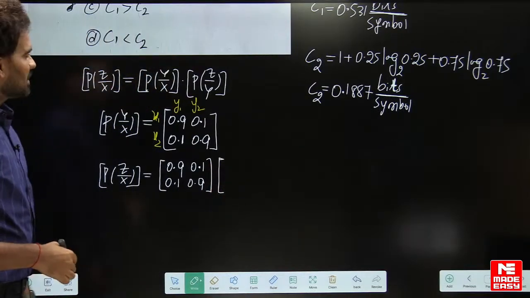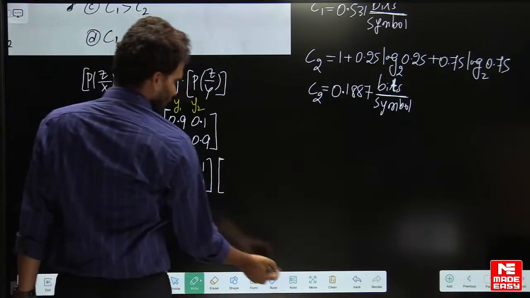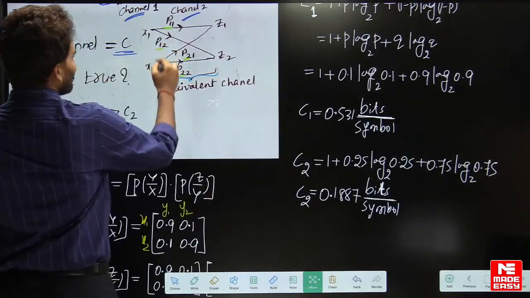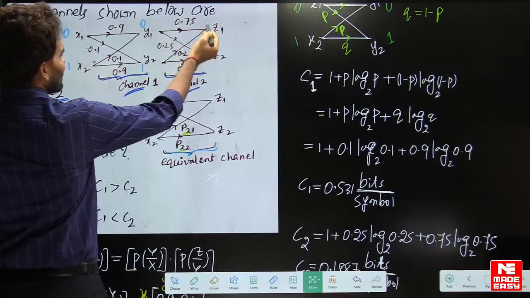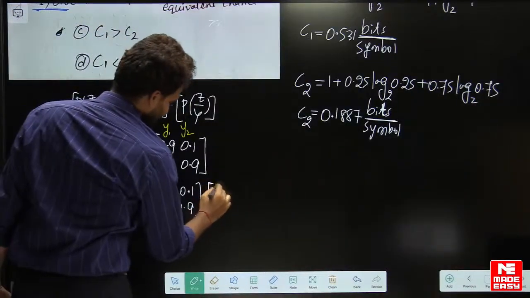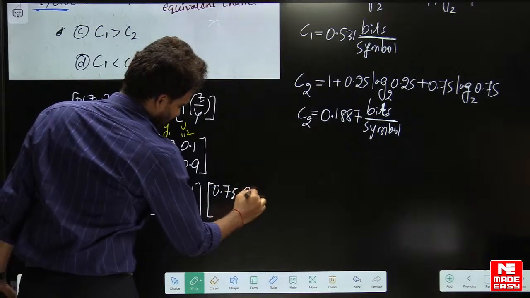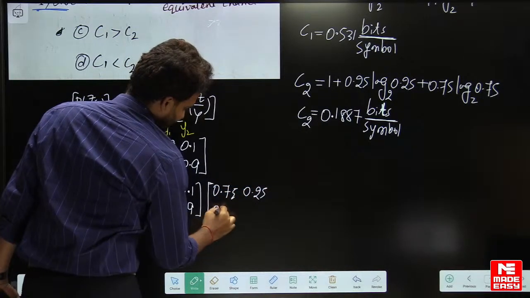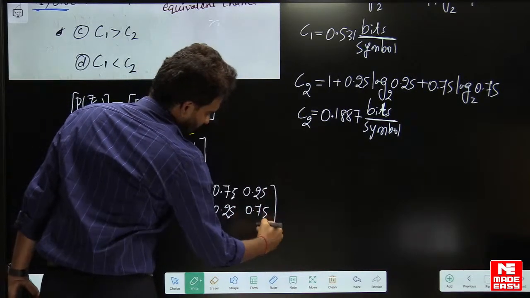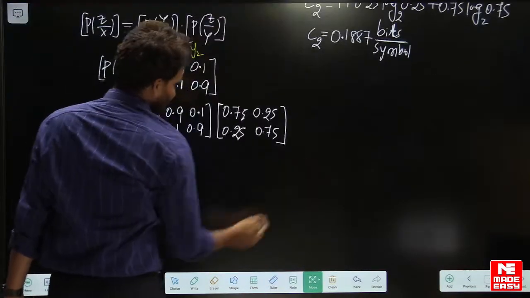And what about p z by y? What is the probability of transmitted y1 received as z1? That is 0.75, then 0.25, 0.25 and 0.75.